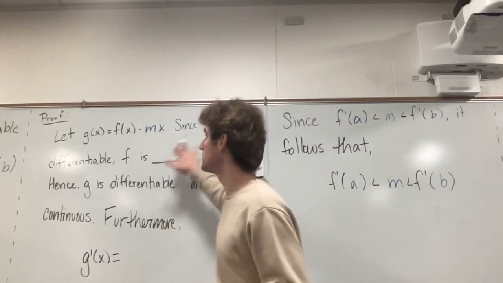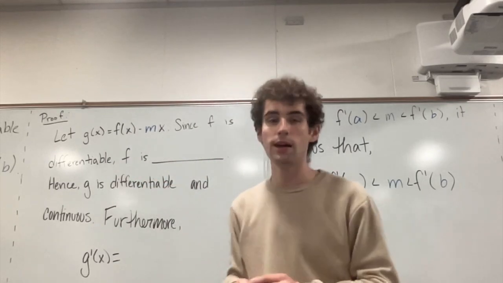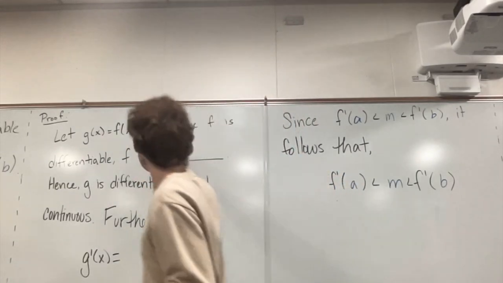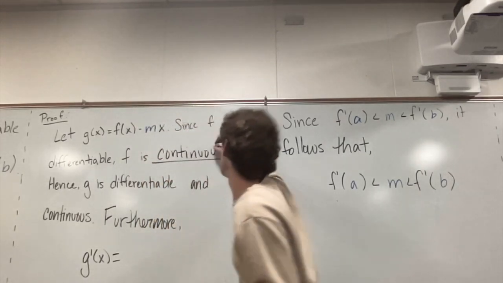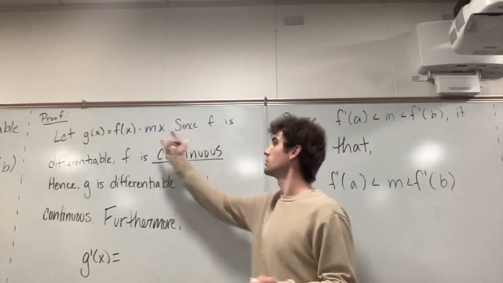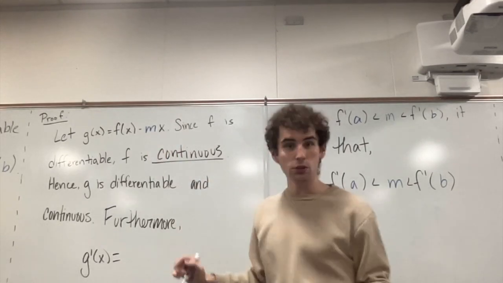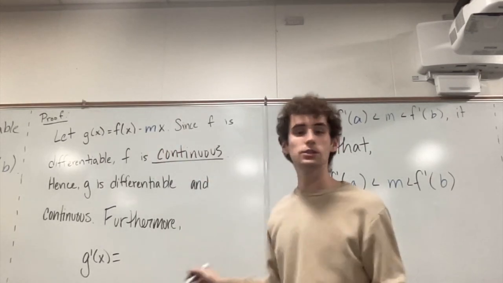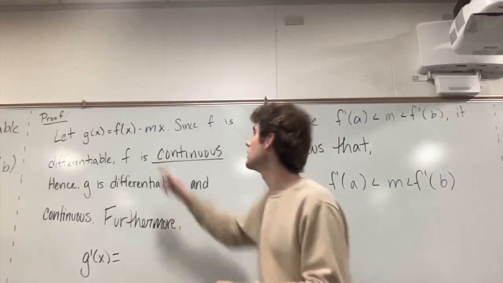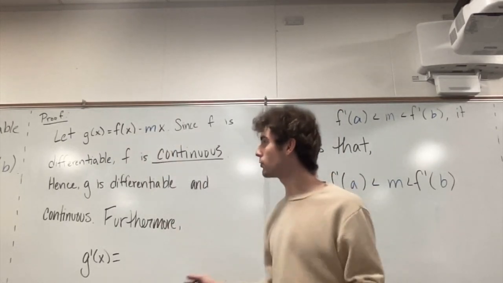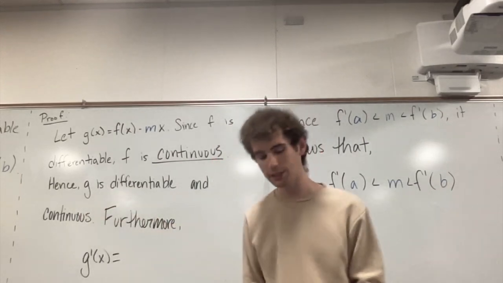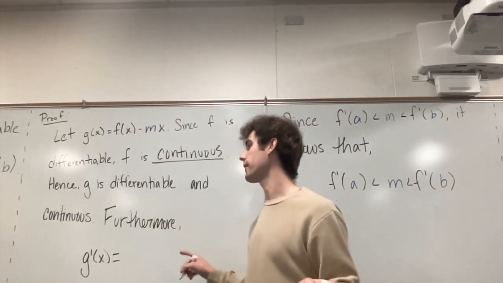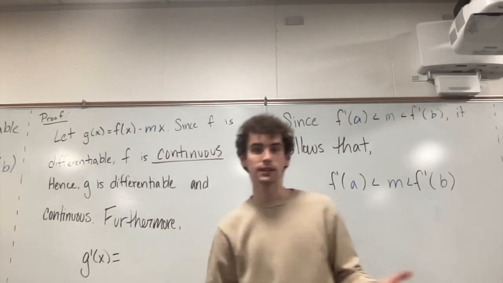Since f is differentiable, f is also continuous. And also, we have this other term, mx. mx is also differentiable and continuous. So, because each of its linear terms, f of x and mx, are differentiable and continuous, g is also differentiable and continuous. We do know a little bit more than that. We know what the derivative of g of x is.